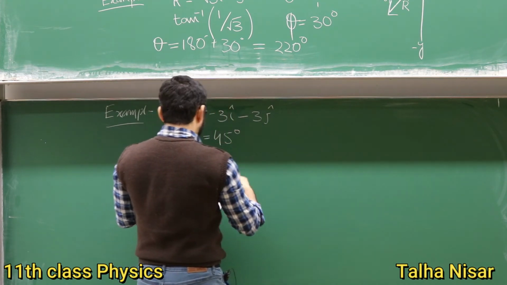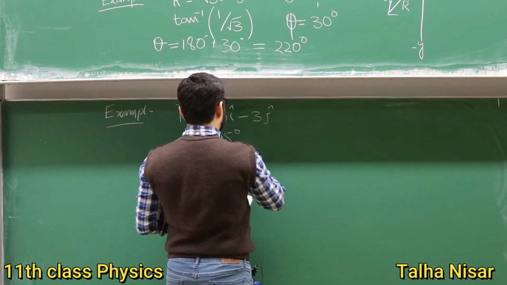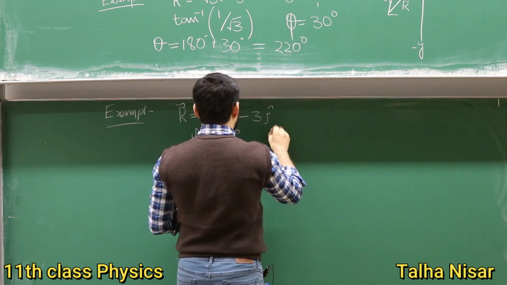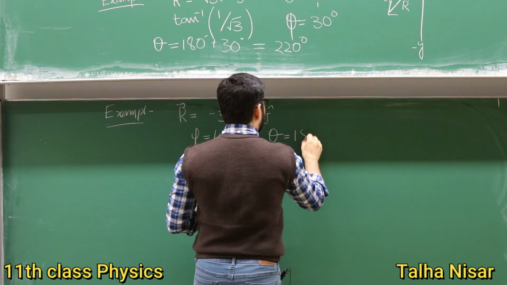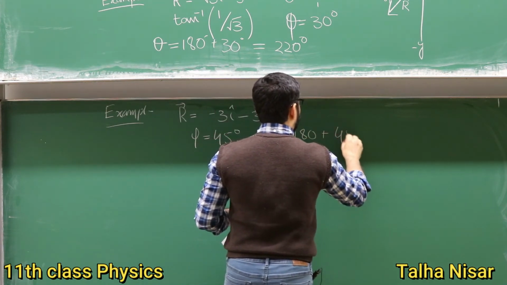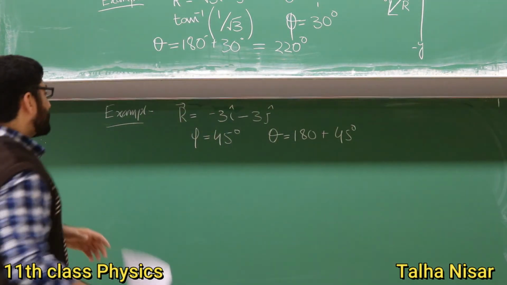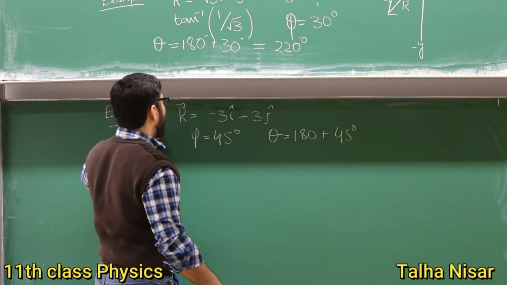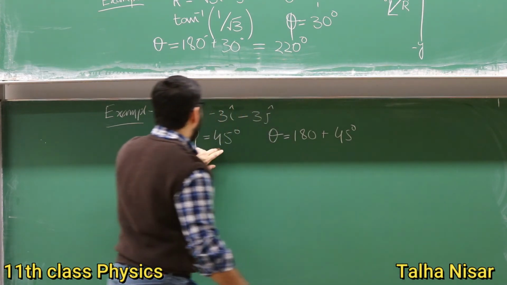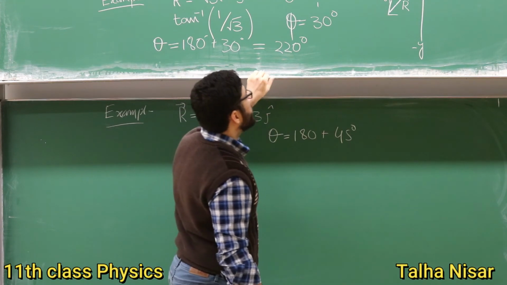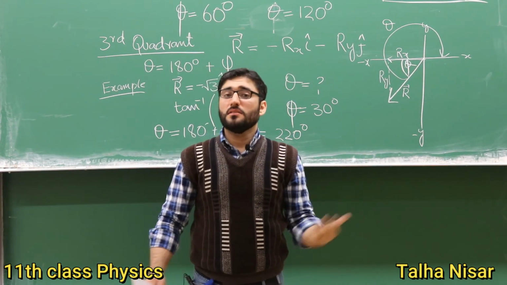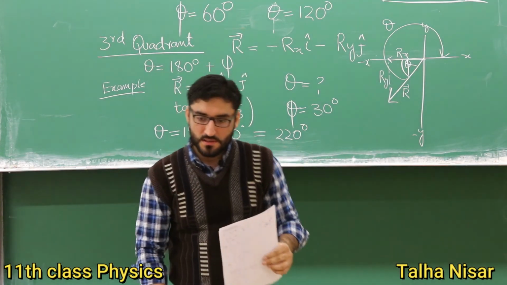And theta, if you add it to 180 degrees, is plus 45 degrees. So this is how in the third quadrant we get the values. We got the value of phi and simply add it to 180 degrees, and this is how we get the angle theta in the third quadrant.